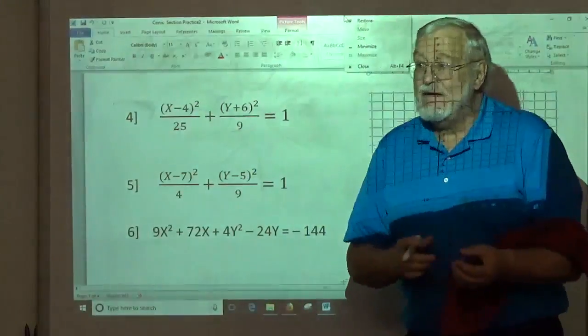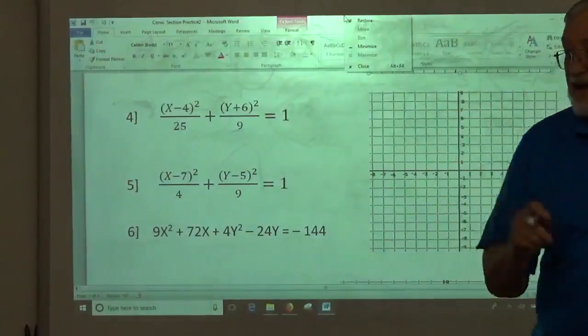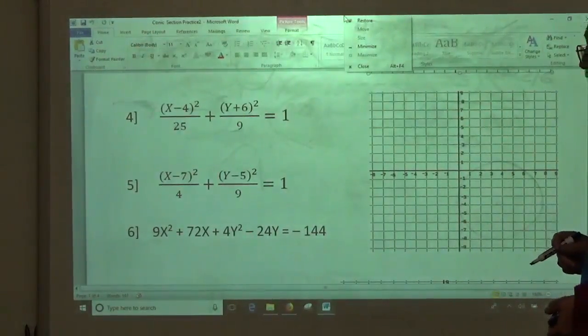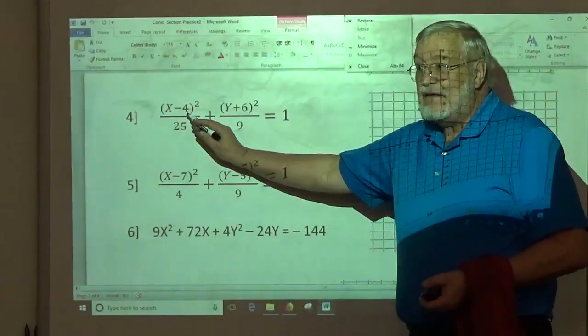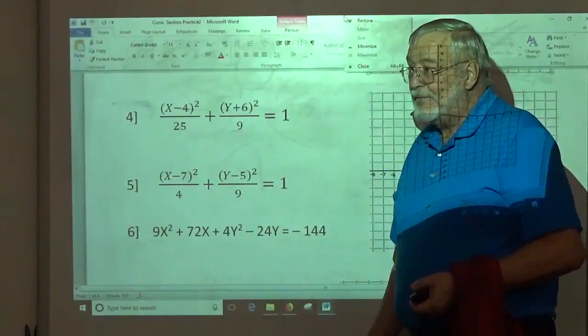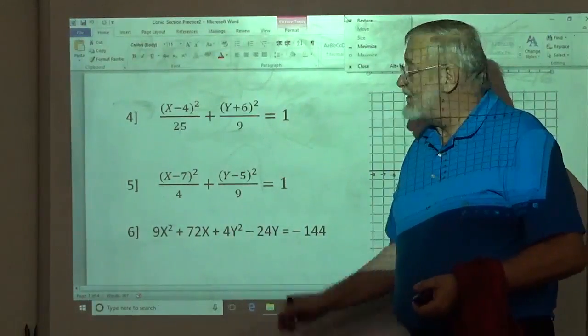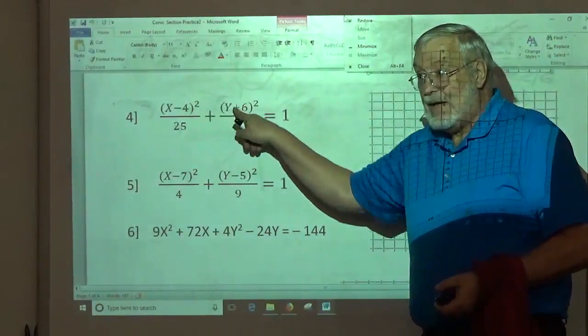All right, but in this case, what kind of conic section is that? That's an ellipse. It's an ellipse, okay? So, the center of the ellipse is at, Ruben, this is important. Where's the center of this ellipse? Opposite. 4, -6, opposite, opposite.